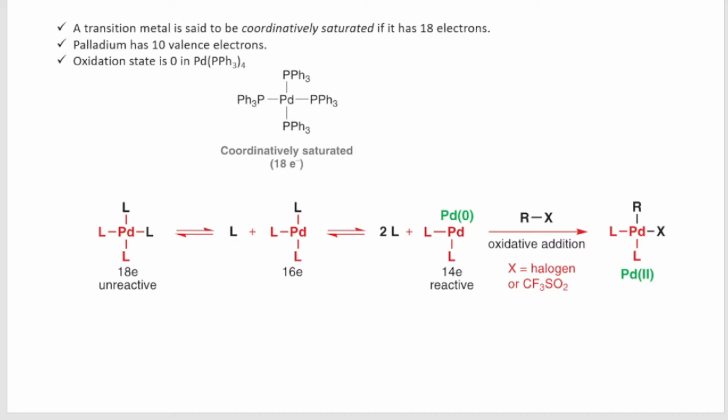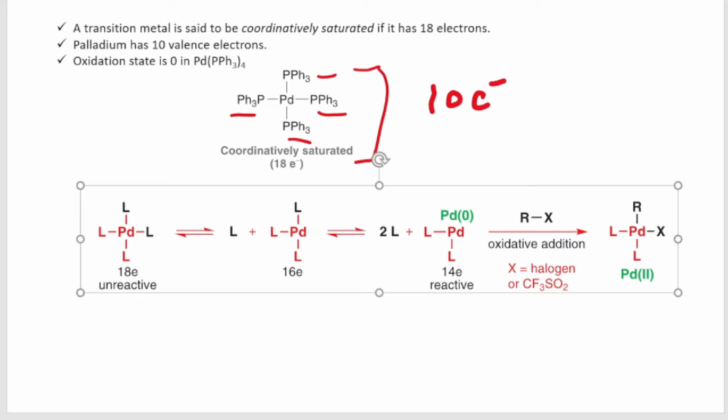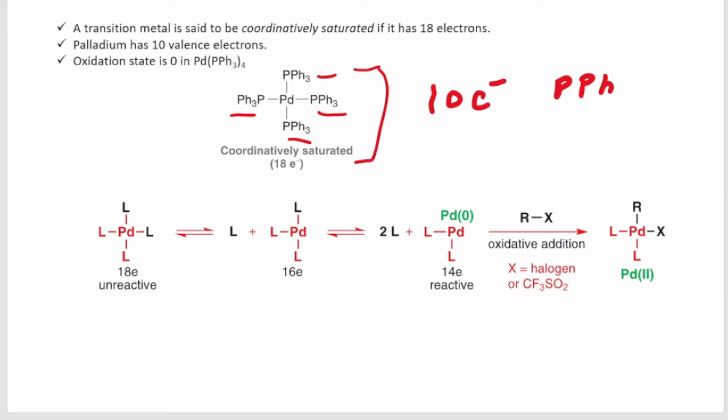So in this complex, palladium tetrakis, palladium is bound with 4 triphenylphosphine molecules. Palladium has a total of 10 electrons in its valence shell, and each triphenylphosphine donates 2 electrons. So 4 triphenylphosphines give you 8 electrons, and 10 plus 8 becomes 18 electrons.